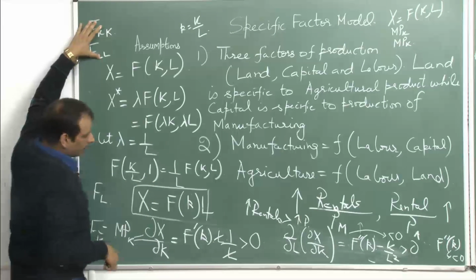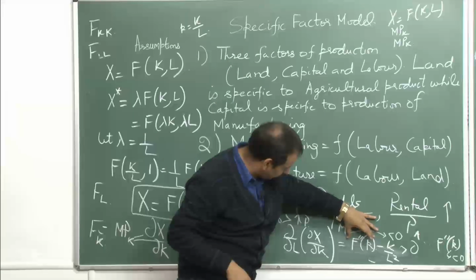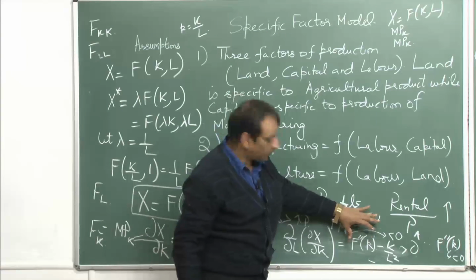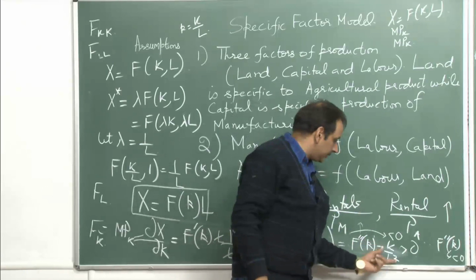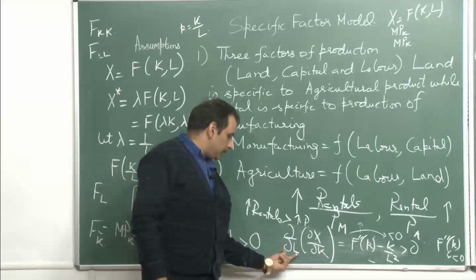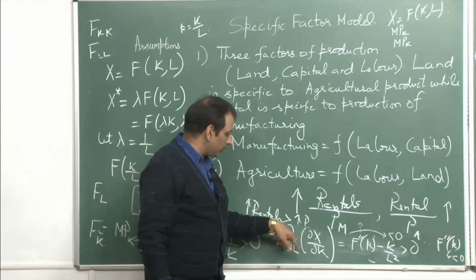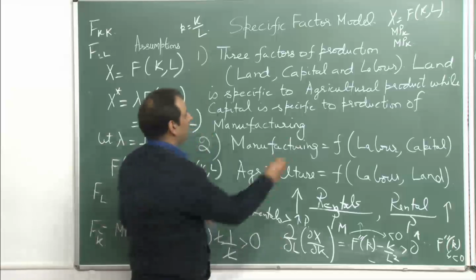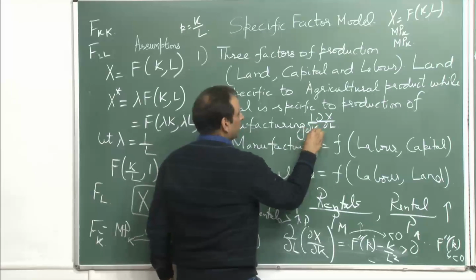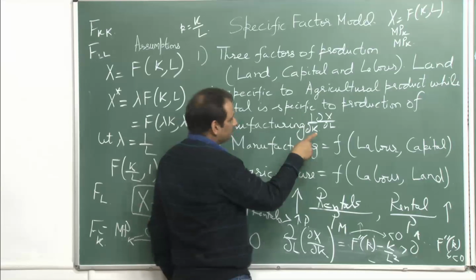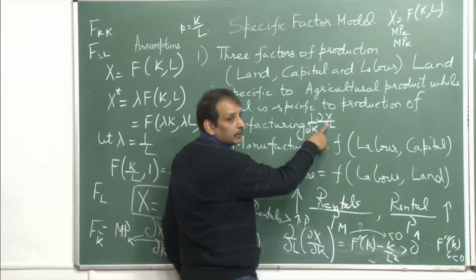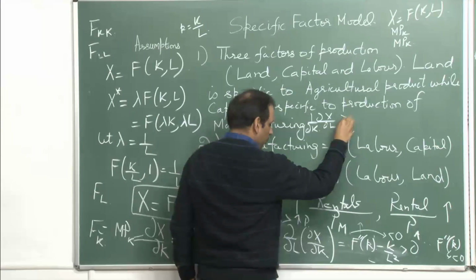From these two you will get a result which will show you that f double dash k will be less than 0. So, if this is less than 0, this is greater than 0. Now, see what is happening. If labor is coming, and you can always find out del x del L by del k. What happens if capital comes in to support the labor? This will again work out to be greater than 0.